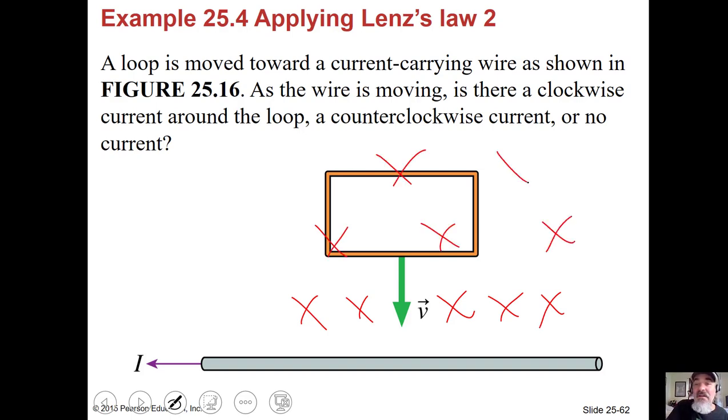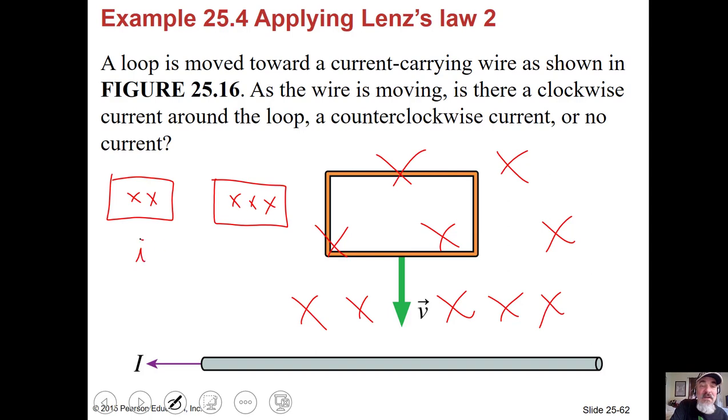The farther and farther you are away from this current that's flowing, the less and less the magnetic field strength is. So as this loop drops towards the wire, the magnetic flux actually increases. It would be something like, just to reference this, initially there's 2. As you get closer, I'm just going to say 3. So initially we were like this when you're farther away. And again, I'm just doing 2 and 3 to make it get more.